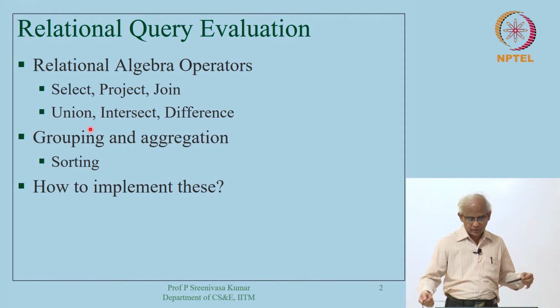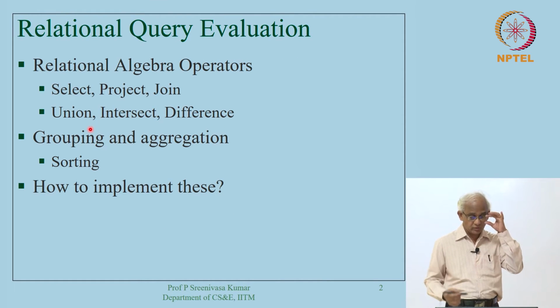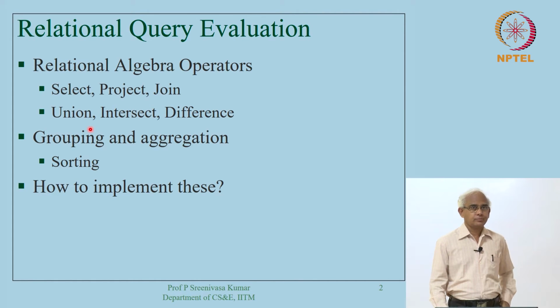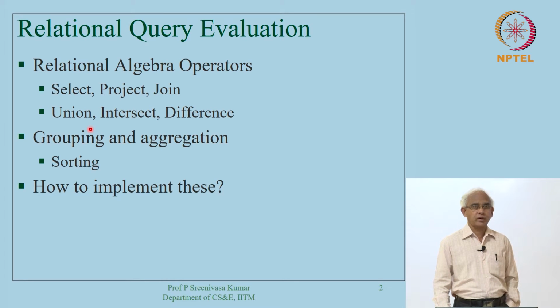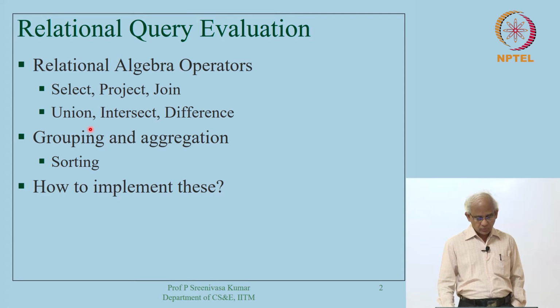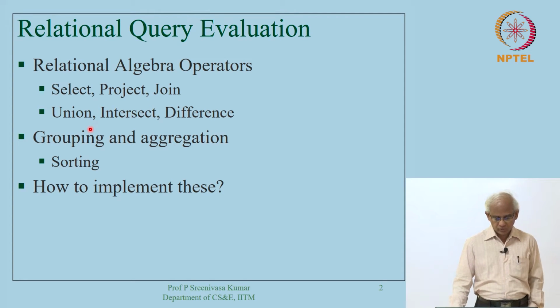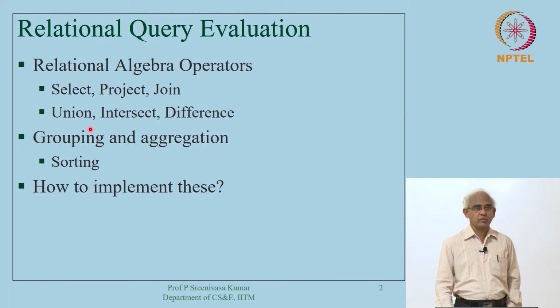So, if you look at the query evaluation, a SQL query has to be translated into a relational algebraic expression, and then that expression will have to be executed in order to give results for the SQL query.